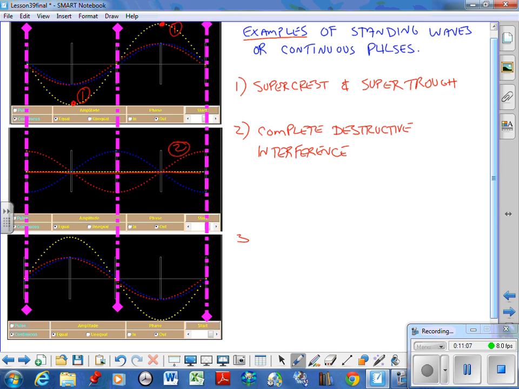And number three, we return to our supercrests and super troughs, but at new locations. So supercrests and troughs at different locations.